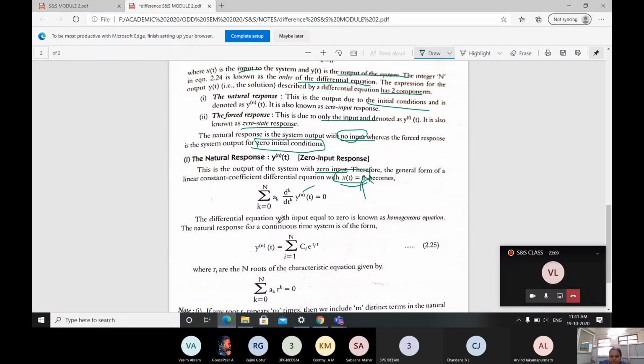The differential equation with input equal to 0 is known as the homogeneous equation.